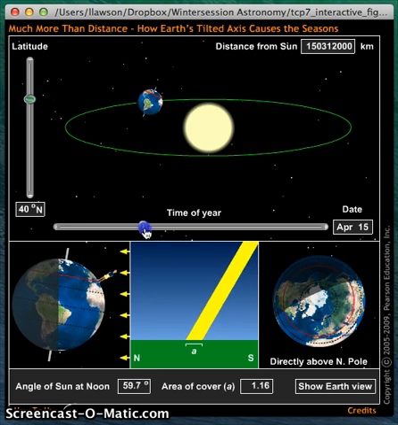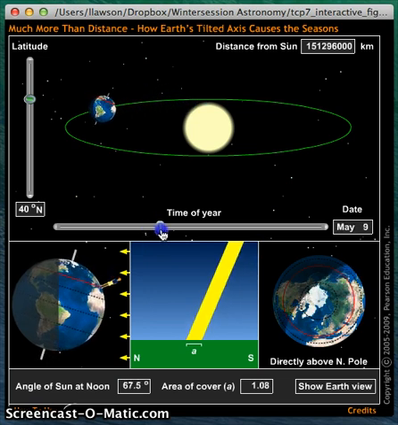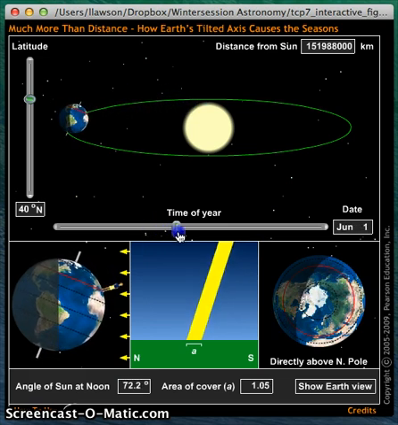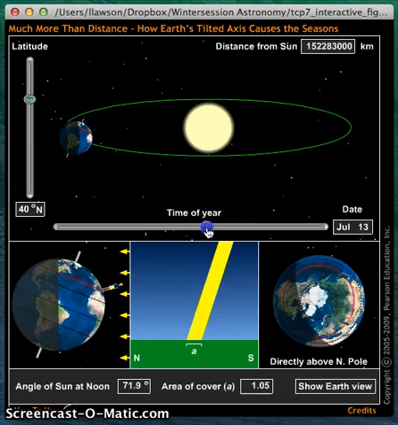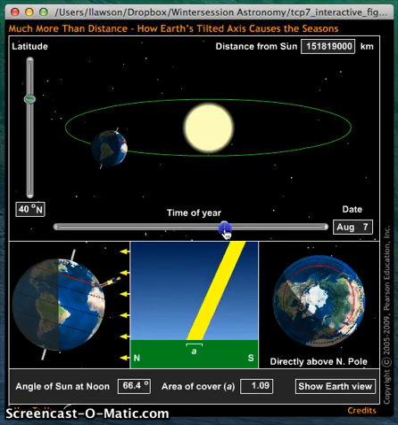Now as we're moving on towards the first day of summer, which we are there right about now, notice how the difference is here. Now we're tilted towards the Sun. Notice also how now the Sun is very direct and is covering a much smaller area. And then we can continue on during fall, and we see that things are kind of happening in reverse.